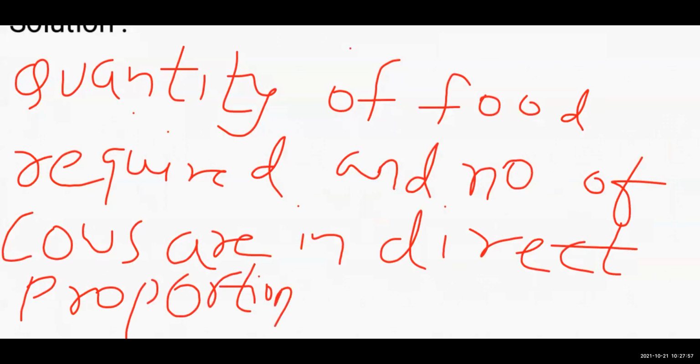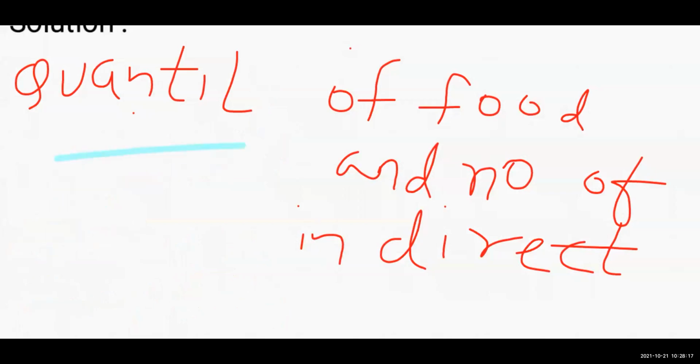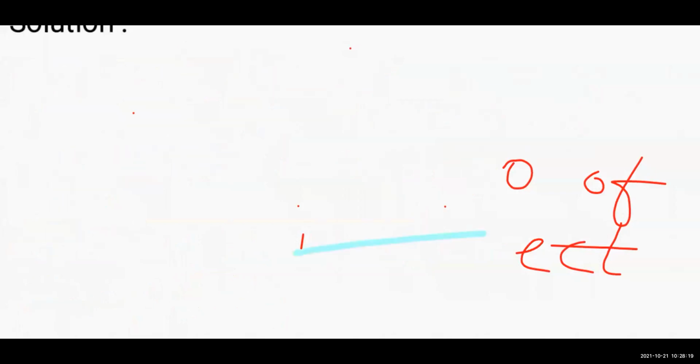Clear? What is our second statement? Quantity of food required, number of cows से वेराइज कर रहा है, so वो दोनों क्या है? डायरेक्ट प्रपोर्शन. Clear? Okay. Now third statement में हमको क्या लिखना है? रेशियो. No Snehal, multiply कैसे करेंगे जब तक हम ratio नहीं लिखेंगे? Third statement is our ratio. Tell me regarding the ratio.